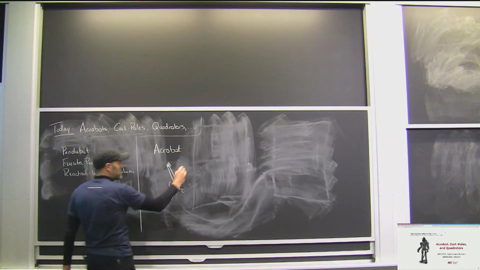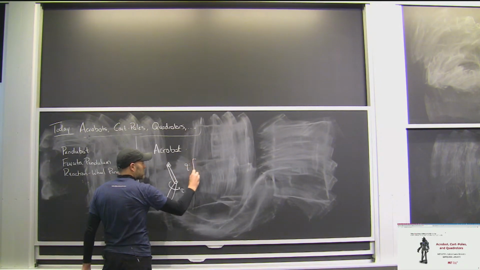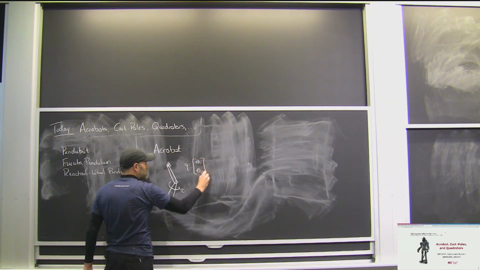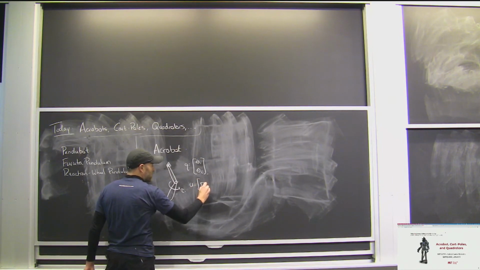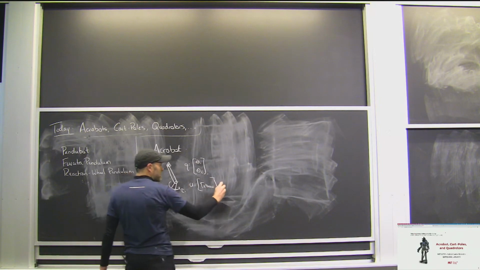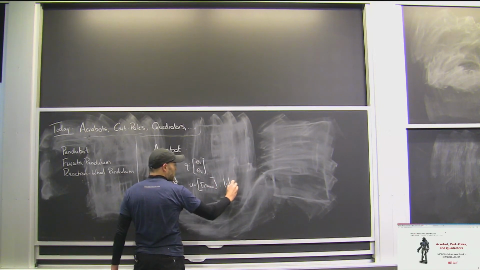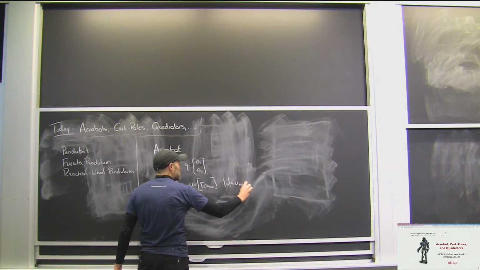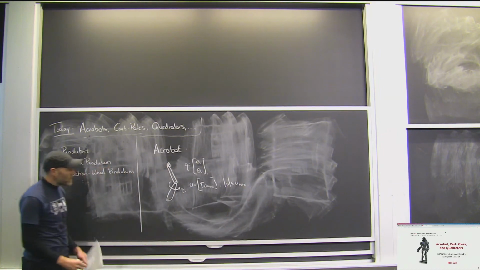So its configuration space is simple, theta 1, theta 2. Its action space is just the torque at the elbow, if you will. And to make it interesting, we want to make that a bounded torque. OK?